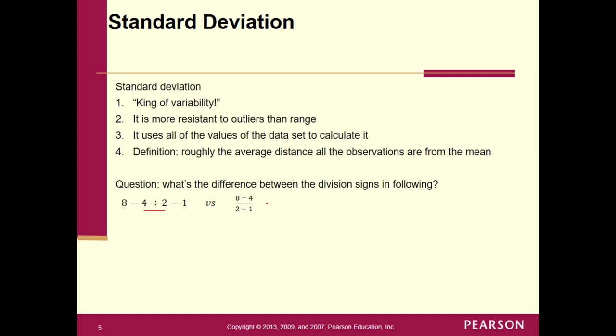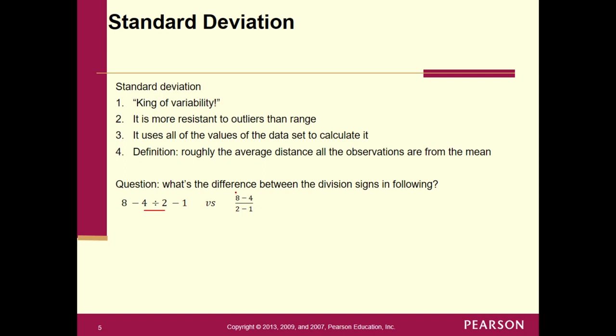However, there's something inherently different about this one. This one over here, and I think math teachers haven't always made this real obvious to students, but when you have a division sign that goes straight across like this, there's something inherently different about that division sign versus this division sign.